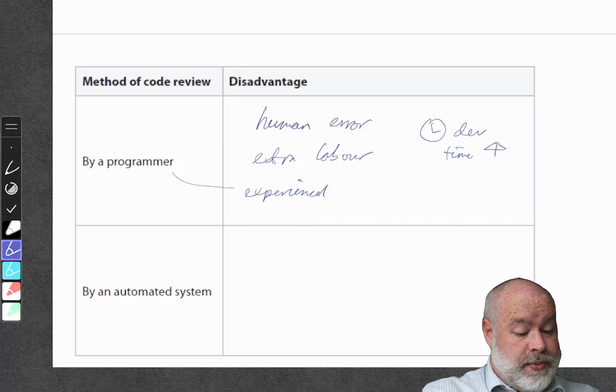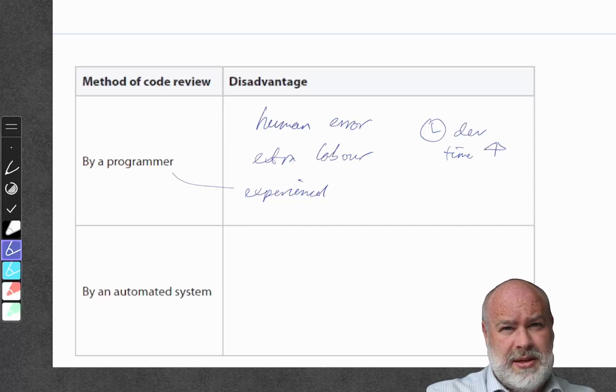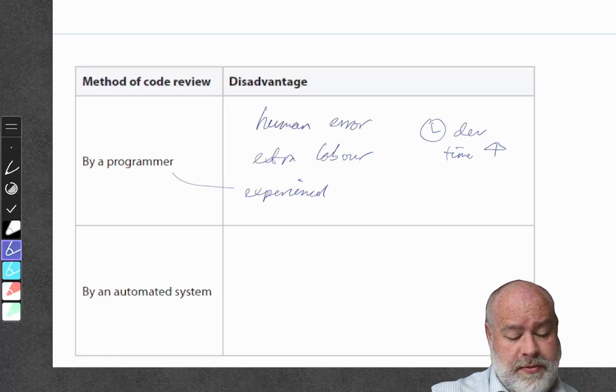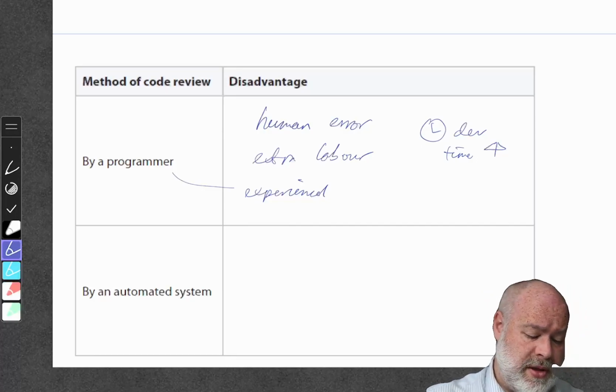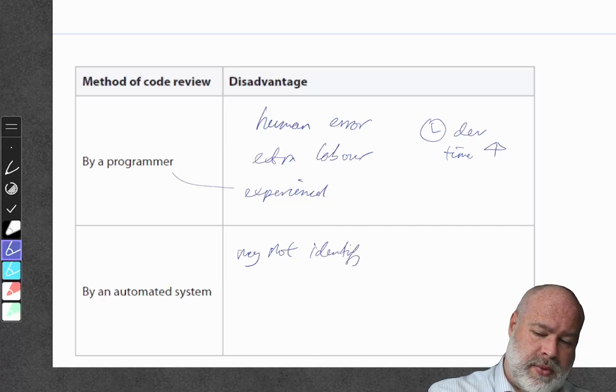However, there's a reason why programmers or humans identify patterns and flaws sometimes better than automated systems, because they can think about how other systems were made to be vulnerable, and they might have a lot of experience there. So the automated system may not identify all issues.